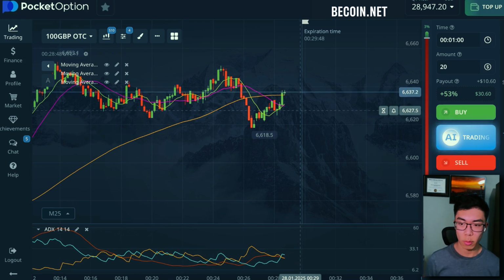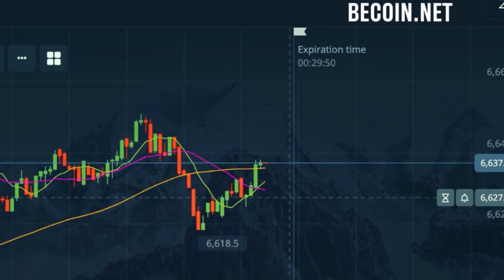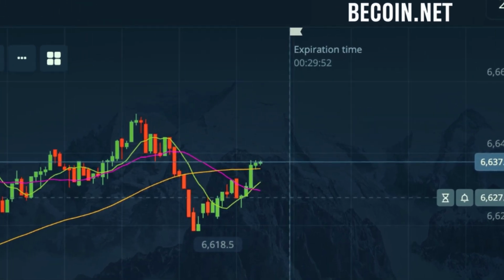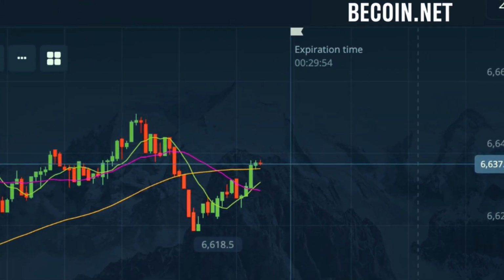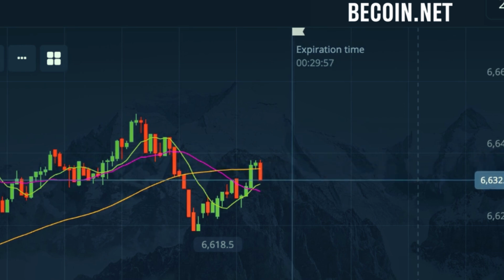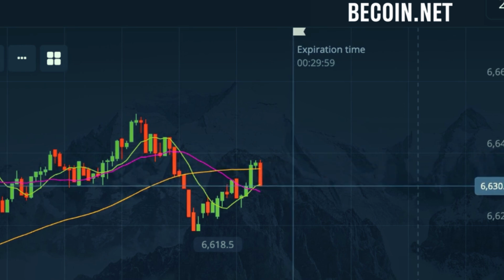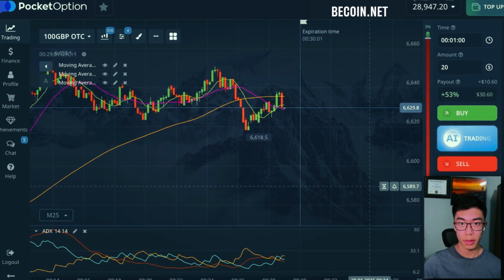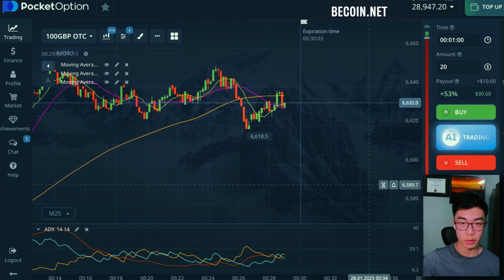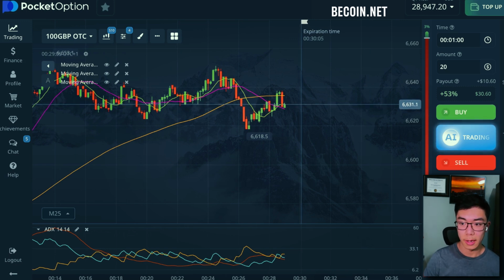How that works is all you have to do is deposit some money into your account, and after you deposit, you just select that trader and add how much money you want to trade with, copying that trader's trades. So it's a very simple method.